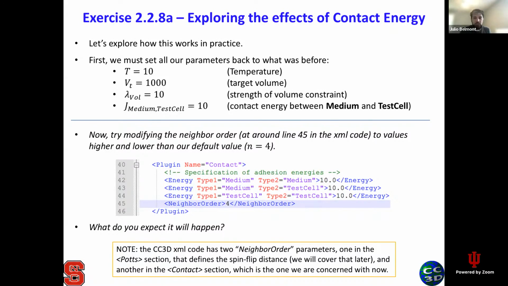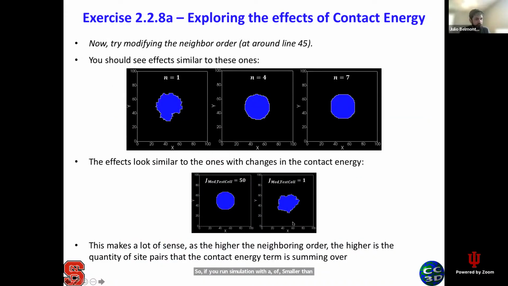If you run the simulation with a neighbor order smaller than 4 and higher than 4, you should get results that look like this. If you make a neighboring order of 1, your cell looks very rough, like this, compared to the neighboring order of 4. And if you make a neighboring order of 7, the cell actually rounds better than with a neighboring order of 4.